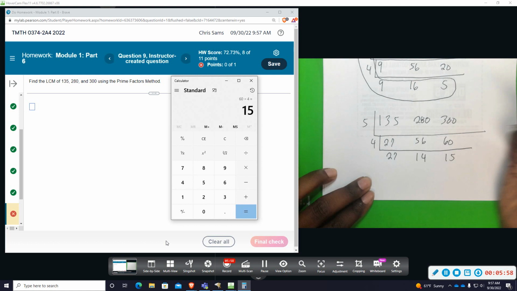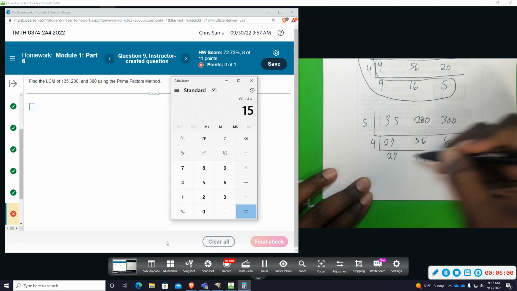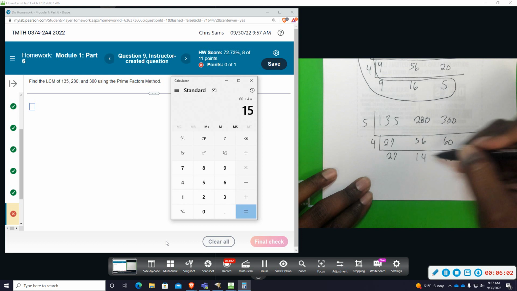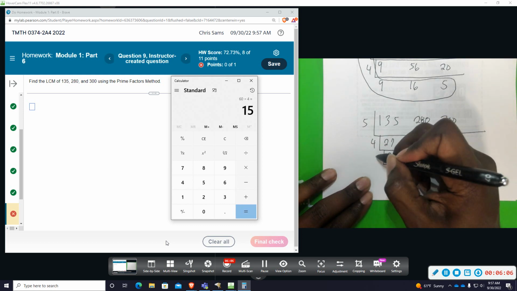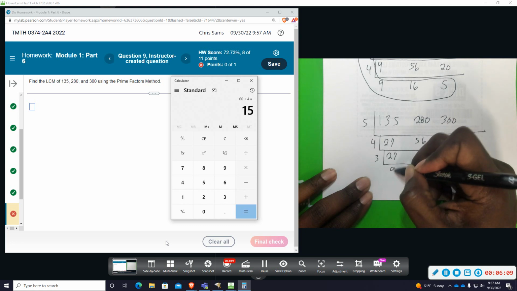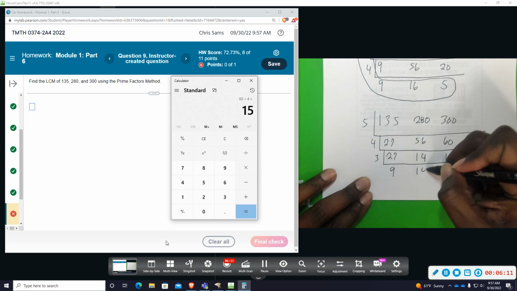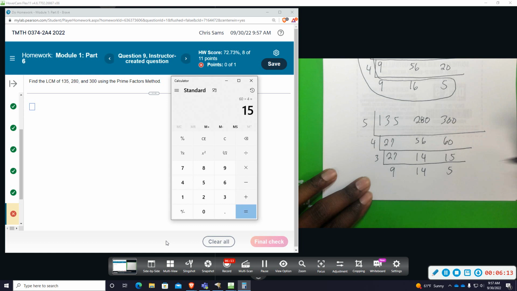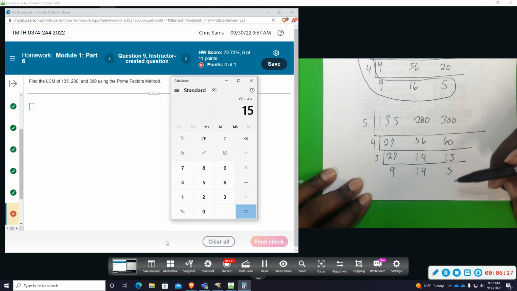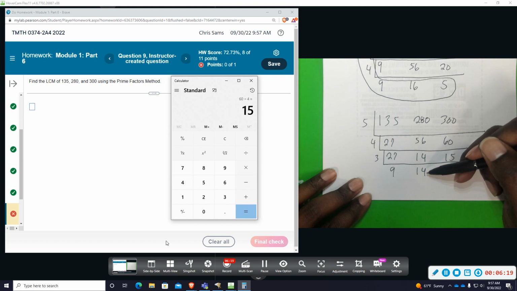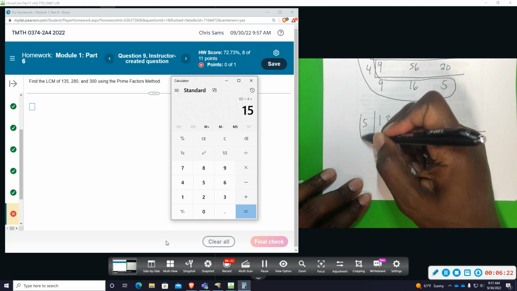We would leave it alone since we didn't divide. And then these 2 are divisible by 3. So I can divide by 3. And that will leave us with 9. That one we will leave alone. And that will leave us with 5. Okay, so because I had 16 up above and not 14, I made a mistake trying to do mental math.